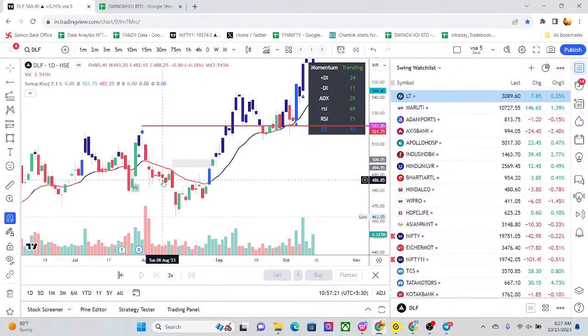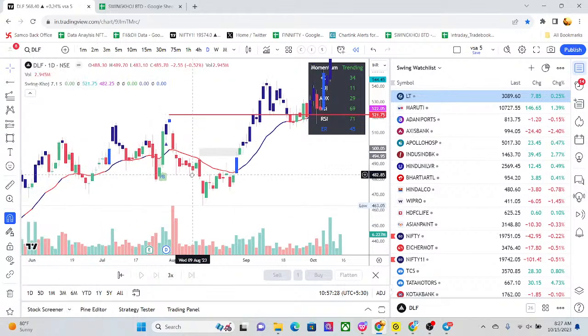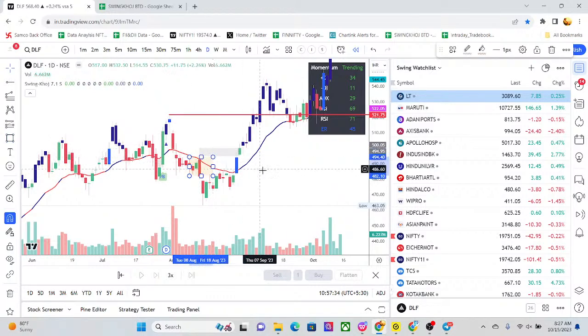So we'll mark this area and go to the hourly time frame for entry. Okay, we are going to enter in this area.